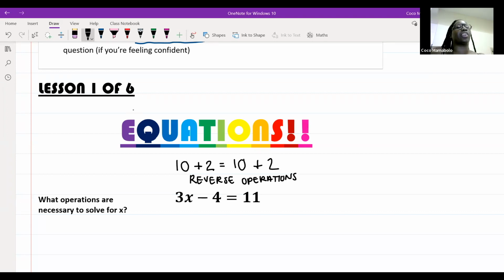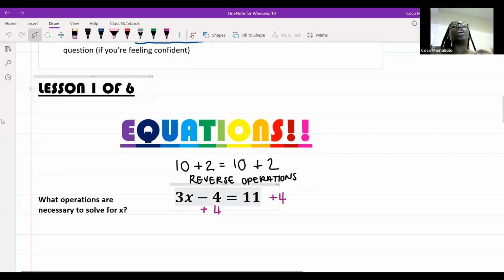We're going to manipulate this equivalency in a way that x ends up sitting on its own. So the first thing I'm going to do, guys, is add 4 on this side, because I know that -4 plus 4 will give me 0. But just like we said with 10 plus 2, if I add 4 on this side, I also need to add 4 on the other side. So I'm going to add 4.